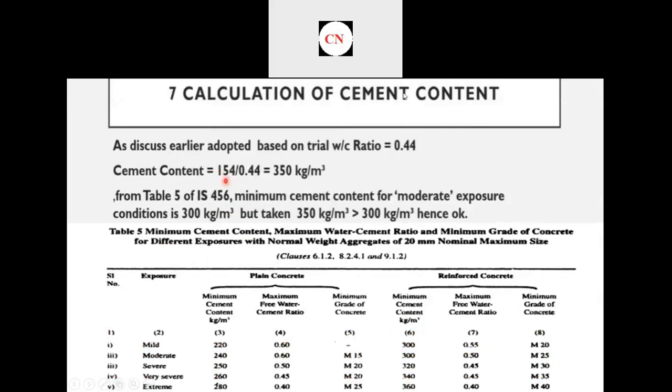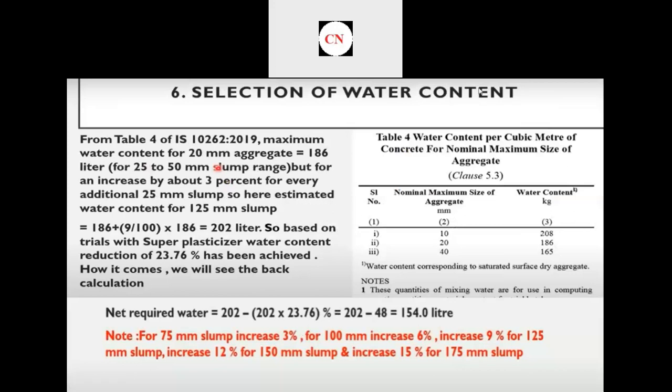The next one is the calculation of cement content. As discussed earlier, based on the trial water cement ratio of 0.44, and the water content we calculated in the previous slide, 154 liters, I'm using the same water for calculating my cement content.